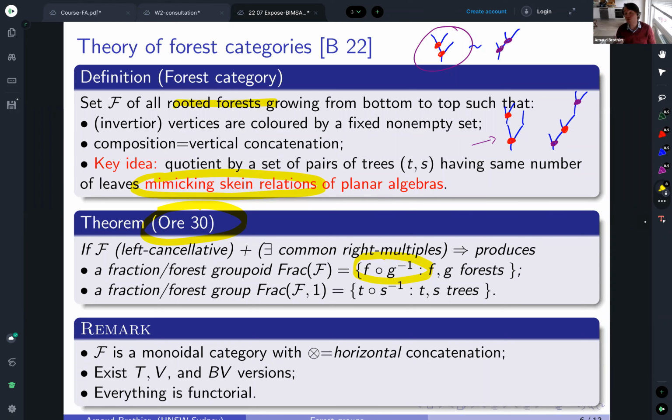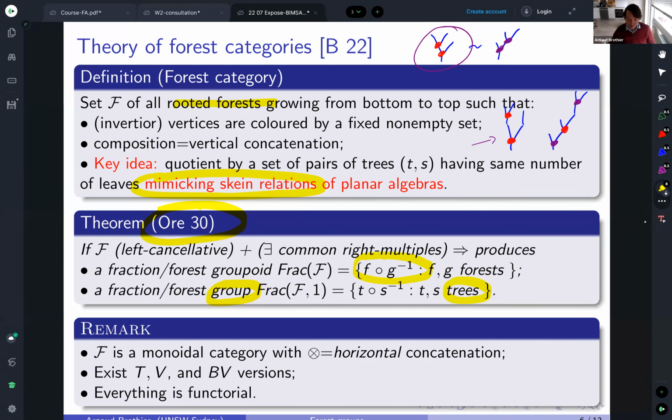I call it forest groupoid or fraction groupoid. Okay, that's the fraction groupoid of your category. And instead of looking at just forests, if you just look at trees, you get actually a group. Okay, so if you invert trees, you get a group. Okay. And that's the groups I want to study, to see what do we get. Is it like a nice theory? Is it rich in terms of group theory?